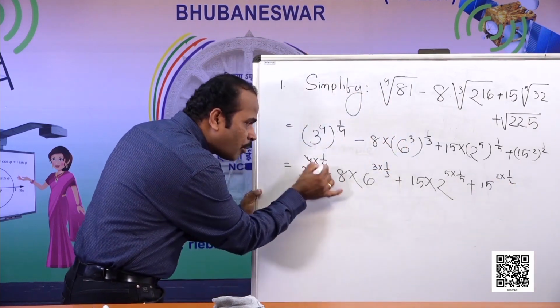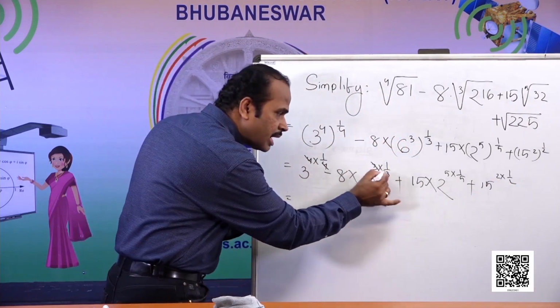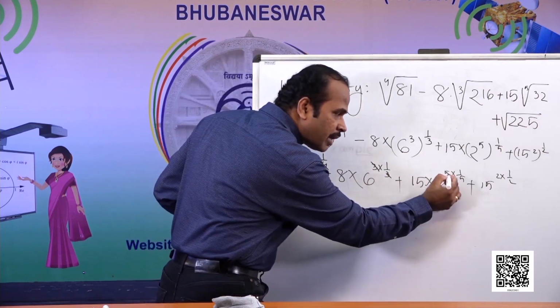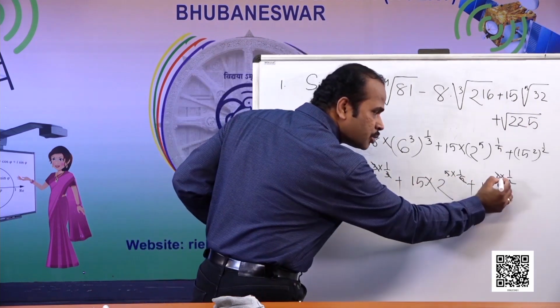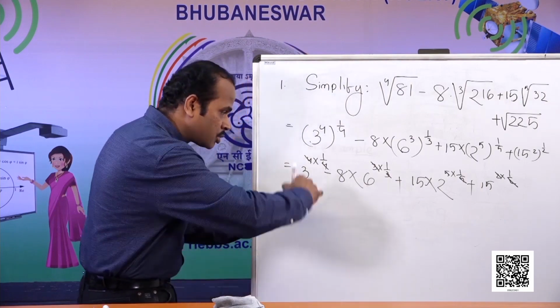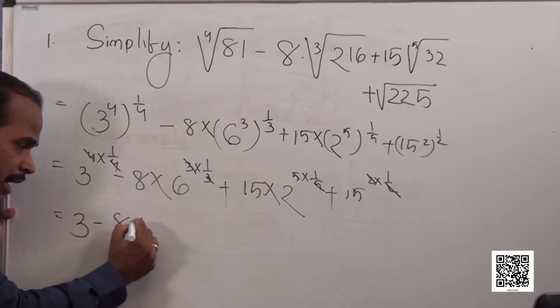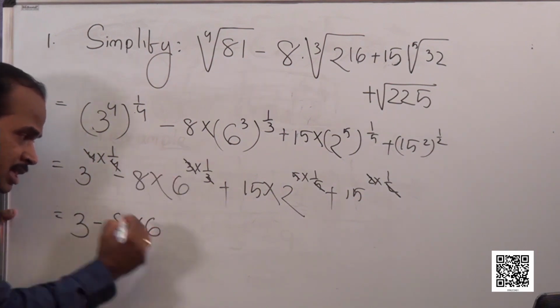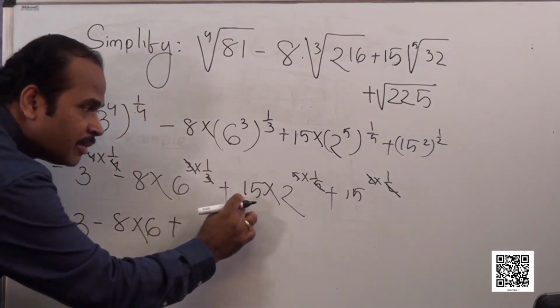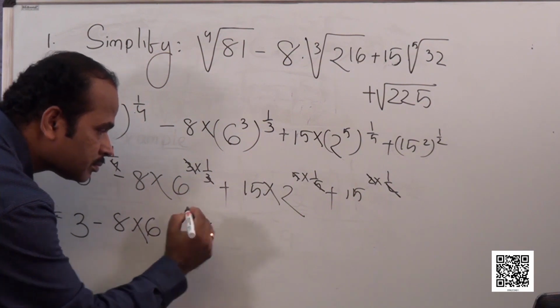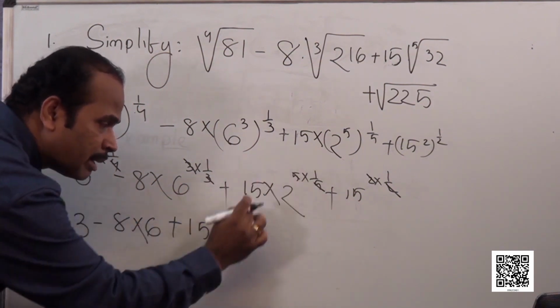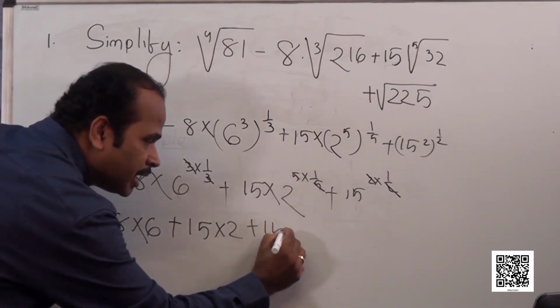Now this 4 and 4 is getting cancelled, this 3 and 3 is also getting cancelled, 5 and 5 is also getting cancelled, and this 2 and 2 is getting cancelled. So finally what I get here is 3 to the power 1, which means 3, minus 8 into 6 to the power 1, which means 6 only, plus 15 into 2 to the power 1, which means 2, plus 15.